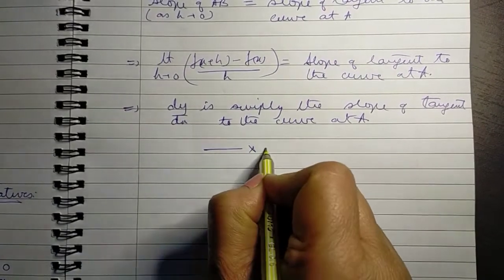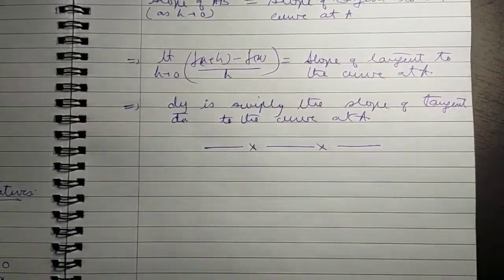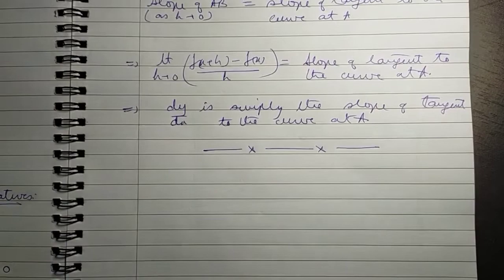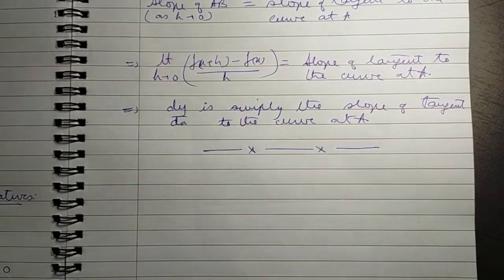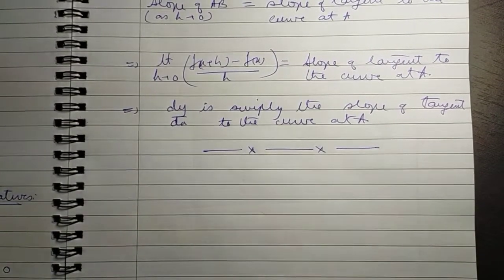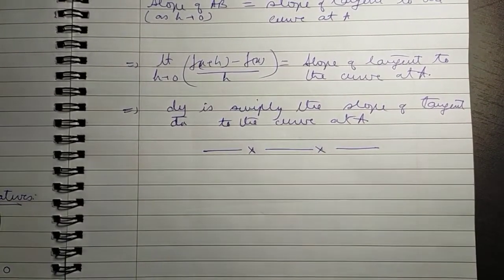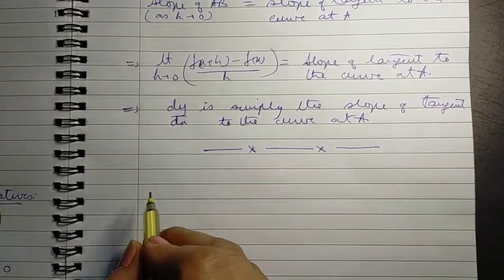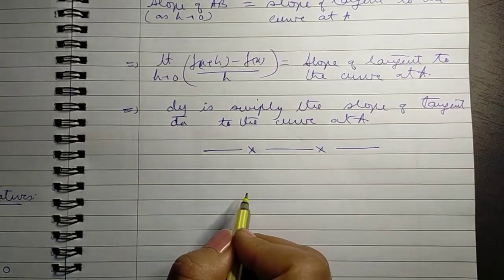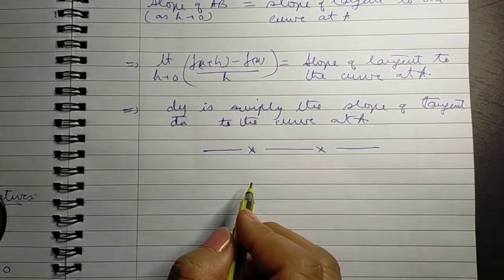Now let us start solving some questions. We will first find the derivative of some basic results like the derivative of a constant, derivative of x, then x square, x cube, and then we will generalize it to get the derivative of x raised to n.